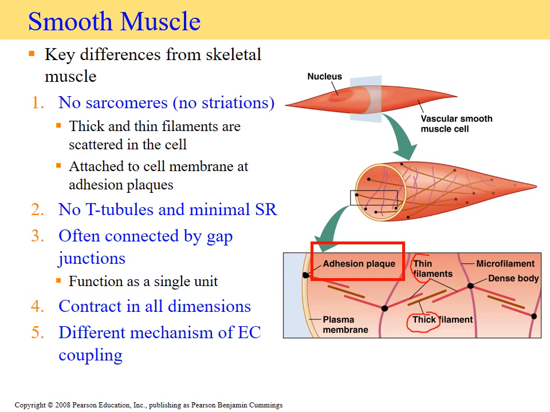They will anchor through the plasma membrane through an adhesion plaque. There is no mention of a sarcomere because you don't have that level of organization. They don't have T-tubules. They have very minimal sarcoplasmic reticulum. They will often utilize gap junctions to share ions from one cell to the next.